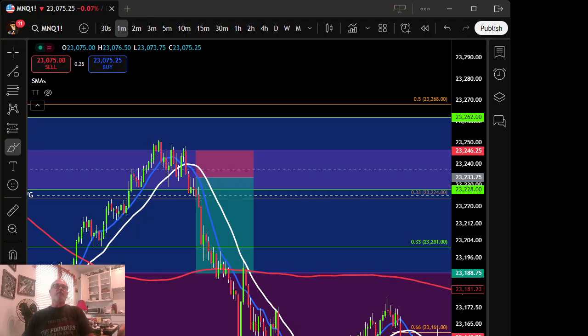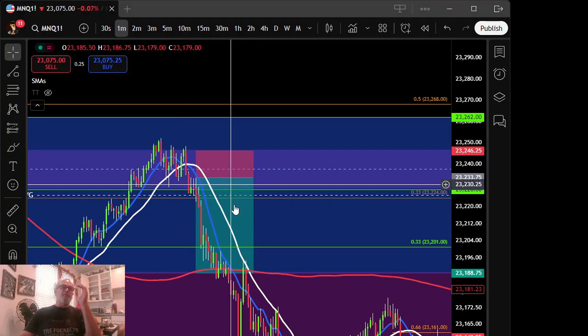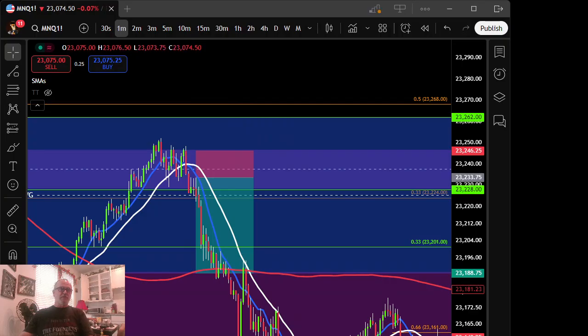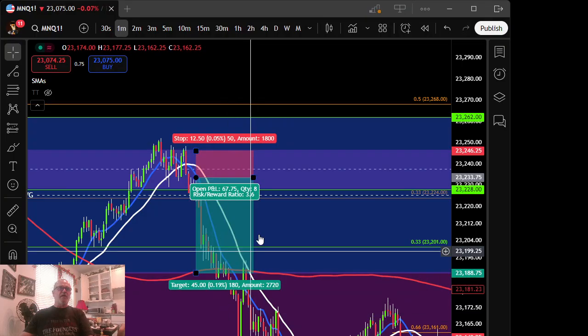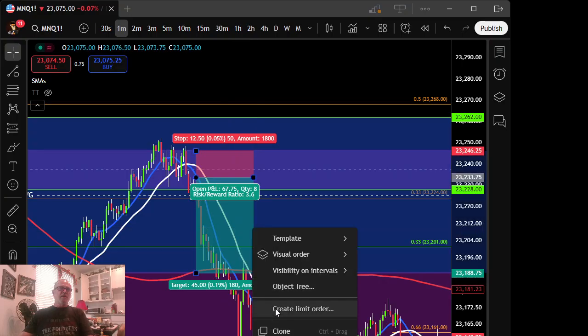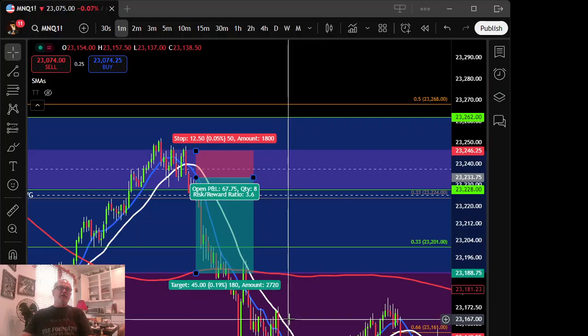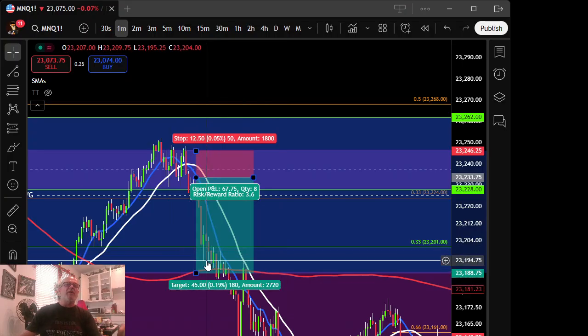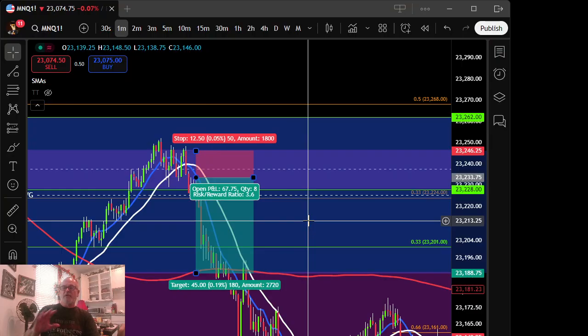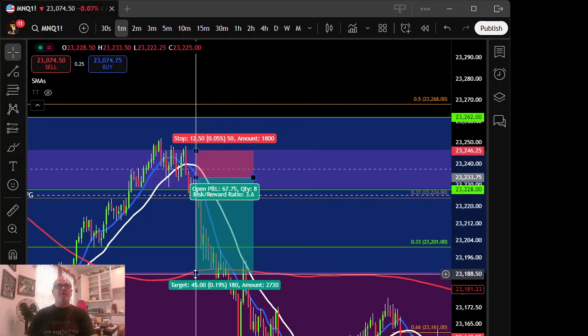Okay, so we did take this trade here. This was about a $180, $190 trade. I'm not going to worry about pulling it up and showing you the math. It was a 180 to $190 trade, but I did take profits earlier than my target, which was the 1-minute 200.